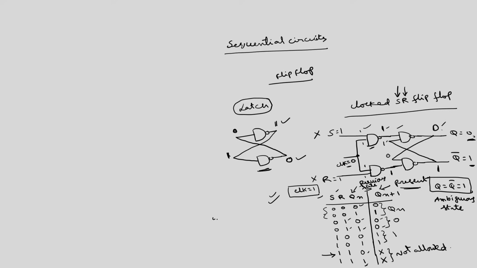So, when clock is equal to 0, the flip flop remains in the previous state. And this table is enabled only when clock is equal to 1. So, we can also call this flip flop a positive level triggered flip flop.